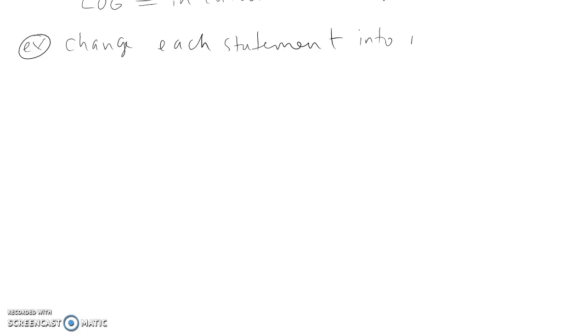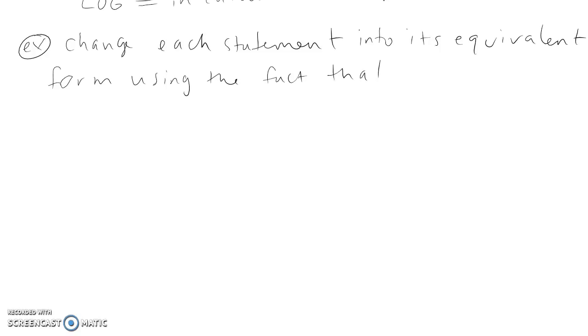Okay, so let's start with an example where we're going to change each statement into its equivalent form using the fact that y is equal to log base a of x means you can go both ways between these equations.